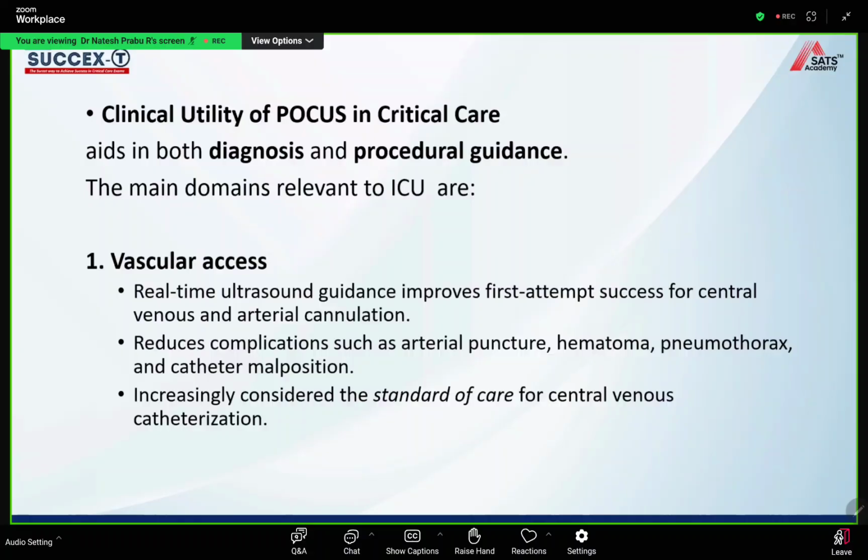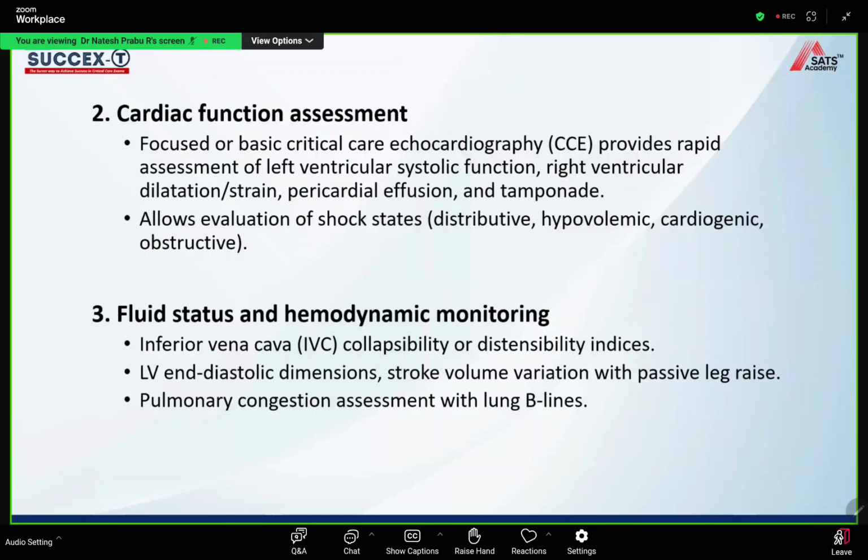It reduces complications such as arterial puncture, hematoma, pneumothorax, and catheter malposition, and is increasingly considered a standard of care for central venous catheterization. Coming on to cardiac function assessment, POCUS can be used as a tool for critical care echocardiography. It provides rapid assessment of LV systolic function, RV function, pericardial effusion, and tamponade, and thereby helps in evaluation of shock states.